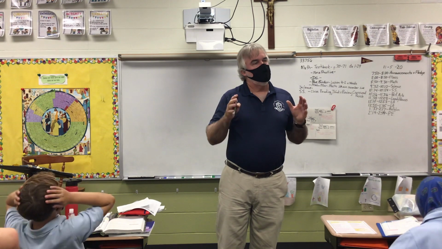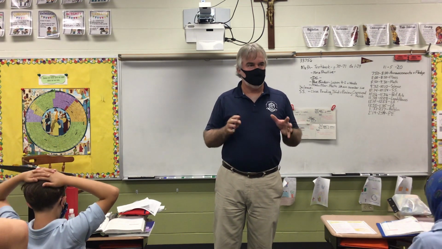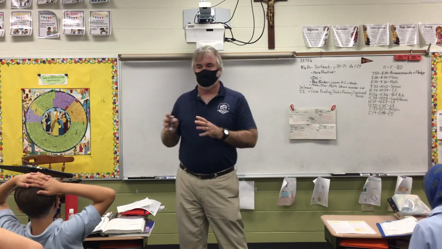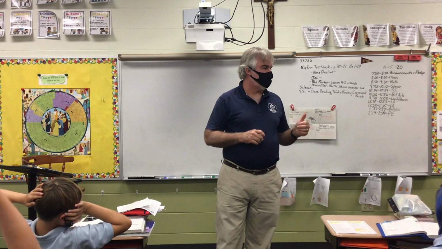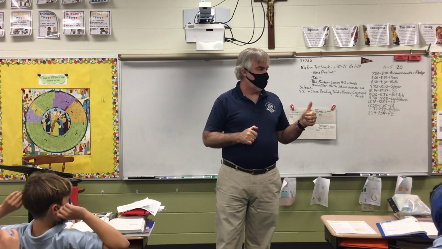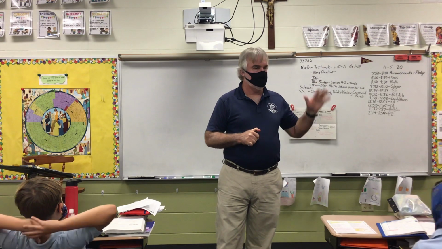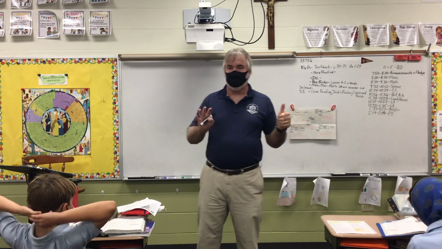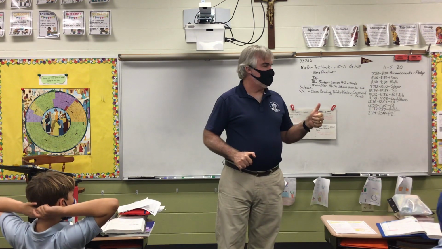Now, I'm going to say a couple things about what you got to do, and then I'm going to show you everything. First of all, if the divisor is a single digit, don't round it, don't estimate it, don't do anything with it because it's fine. That's not the number you're going to adjust.